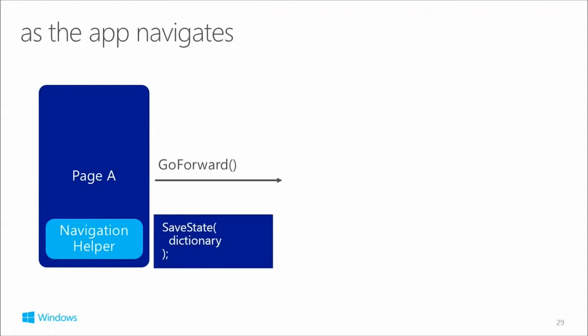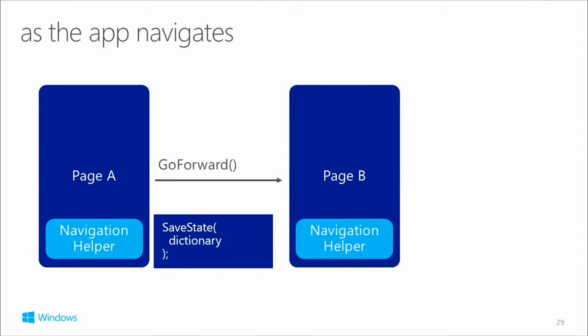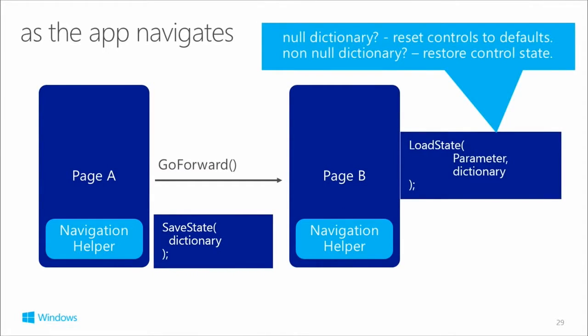When you go forward, you save state into page B, and then you load state. When you're going forward into a page, you look in the load state, there's a clue whether this is a forward navigation to the page. In load state, you look at the state dictionary that's passed in. If it's null, you know this is a new forward navigation into that page, so you can reset your controls, even if you've got a cache mode of required.